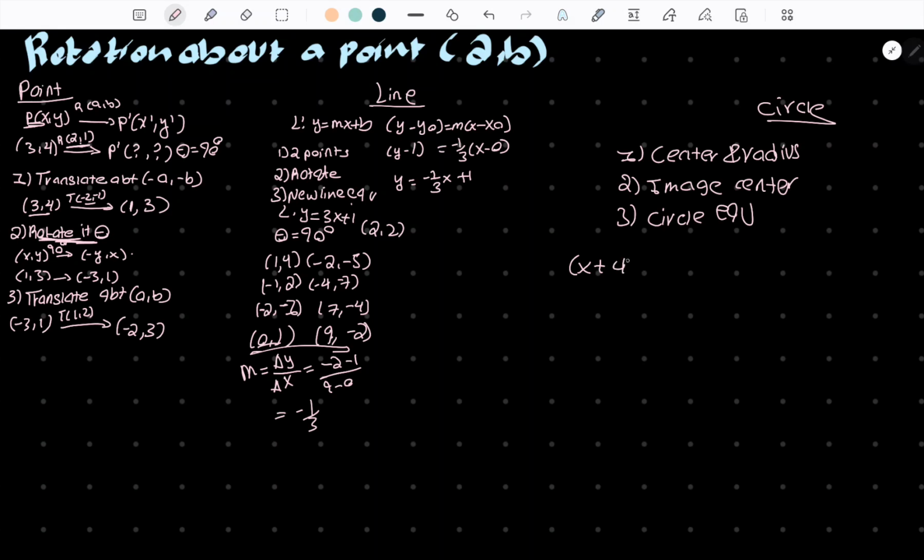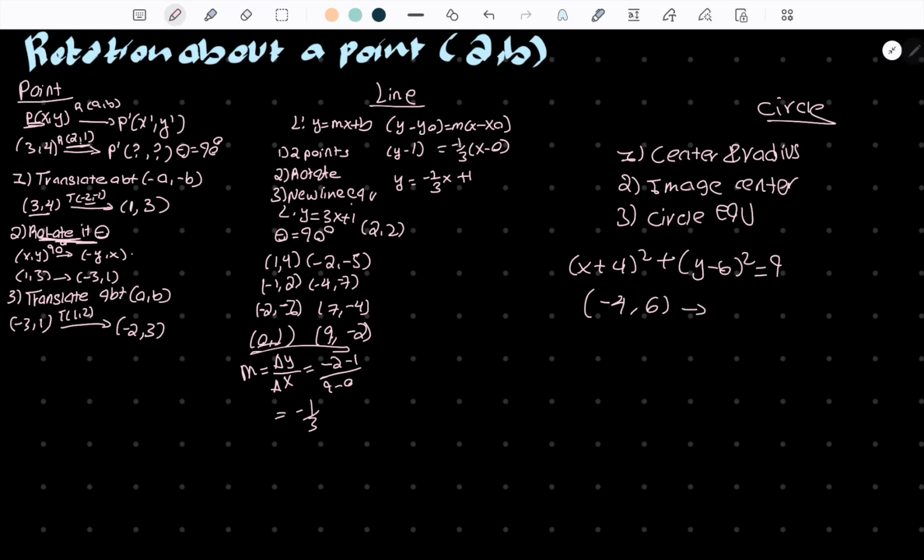So if we're given (x plus 4) squared plus (y minus 6) squared equals 9, then the first thing that we need to do is identify the center. So the center will be -4 and 6.